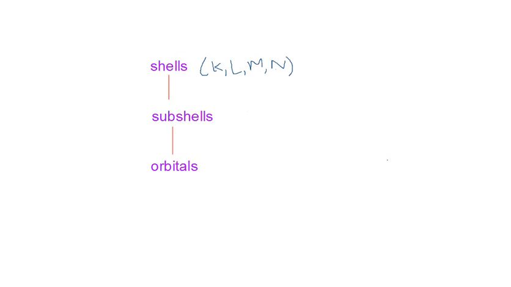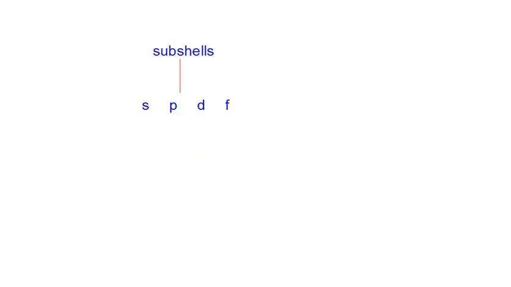Now coming to the subshells. What are the subshells here? S, P, D and F. These are the subshells. In each shell we have subshells, so in each shell how many subshells reside, we will see in detail.